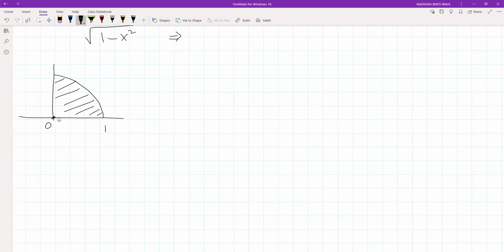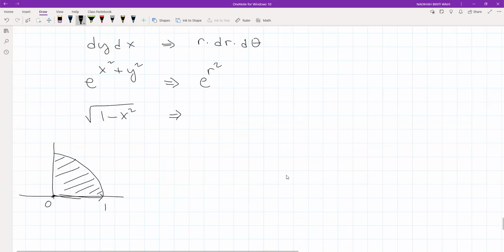That means x goes from 0 to 1, right? So this is the radius. That is just the radius.